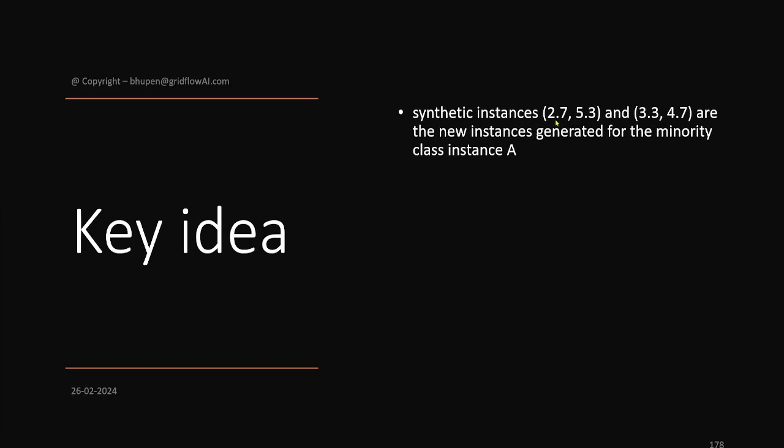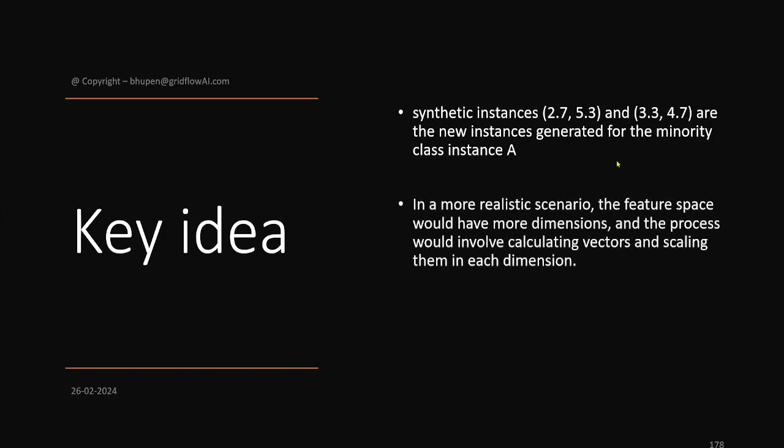The synthetic instances that we generated are new instances generated for the minority class. In a more realistic scenario, the feature space would have more dimensions. I showed you with just 2 columns. In the real world, it will be 200 columns, 300 columns. And that means the process would be pretty involved.